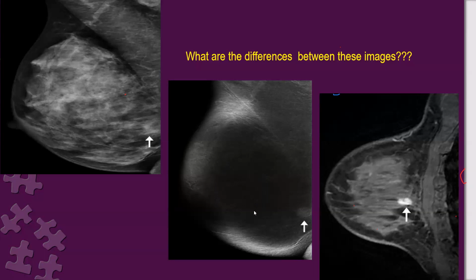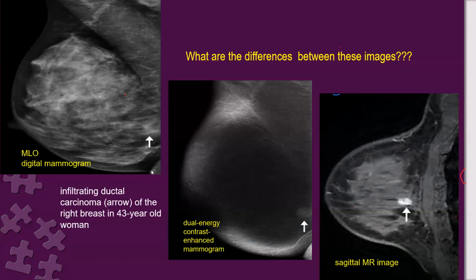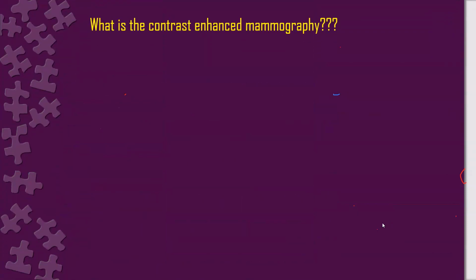This recombined contrast image demonstrates the enhancing mass, and this digital mammography demonstrates asymmetry here. So this is infiltrating ductal carcinoma. It would be easily overlooked here, unless it is palpable. But you can see it enhanced here and definitely appreciate it on MRI.